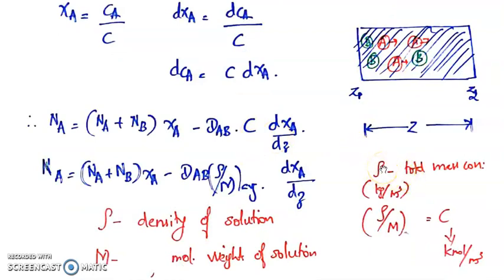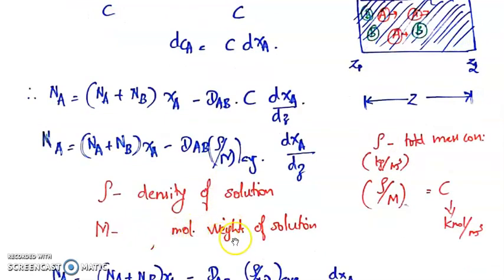Let us assume rho is the density of the solution and M the molecular weight of the solution. So rho by M is equal to C, the molar concentration, because the unit of the density is kilogram per meter cube. If I divide this with the molecular weight of the solution, I'll get kilomoles per meter cube, that is the concentration.